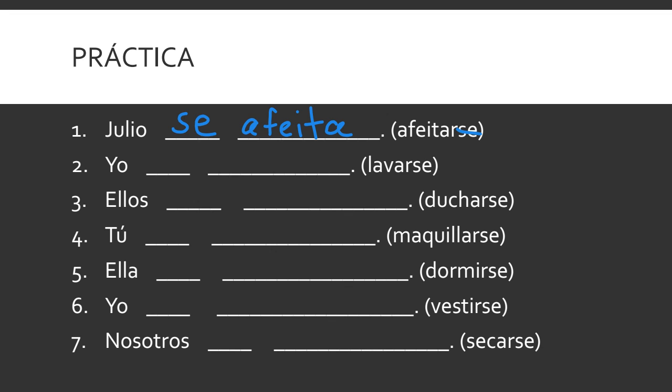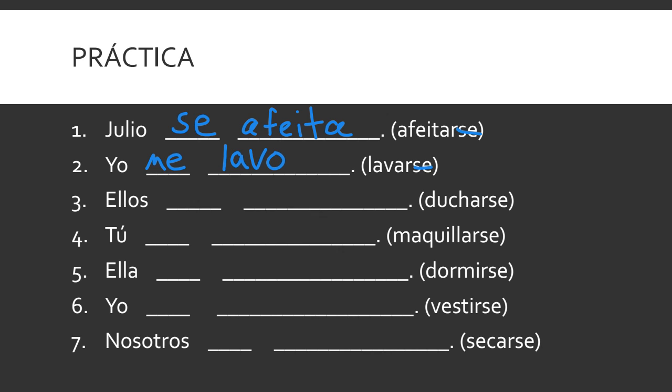For number 2, yo lavarse. So I wash myself. The se needs to be a me so that it matches yo. And then we take the lavar, we take off the AR, and we add O, to match our yo. Yo me lavo. I wash myself. Number 3, ellos ducharse.